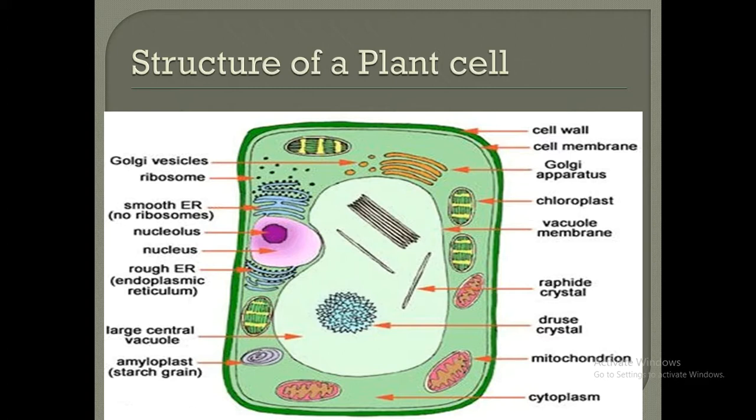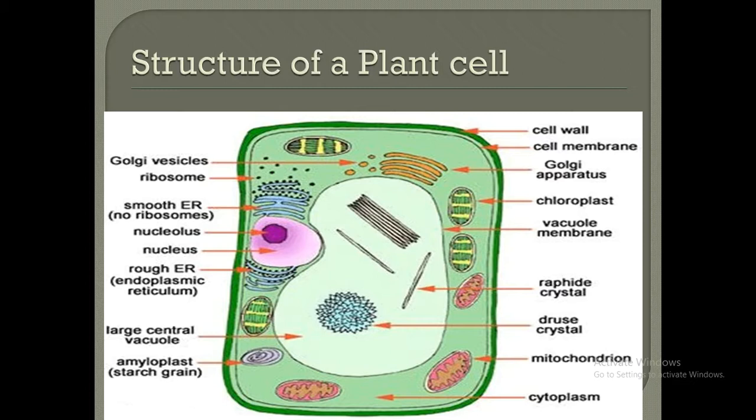Let's move into the cell, the structure of a plant cell. The plant cell contains different types of organelles, as animal cells do, but there are some organelles which plant cells contain but animal cells do not have. One among them is the chloroplast.